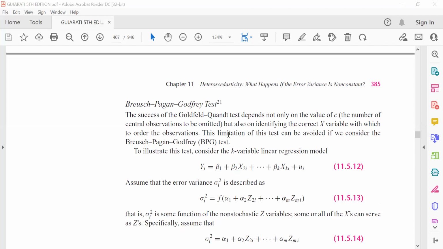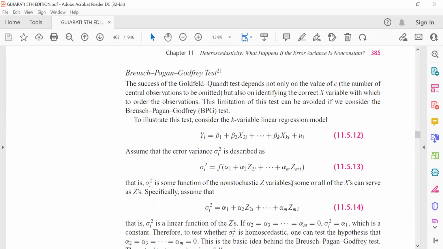Okay, this limitation can be solved by using the Breusch-Pagan-Godfrey test. Here it is quite easy. We estimate the data and then we have the residuals. Then we square the residuals. We use the squared residuals as the dependent variable. Then we estimate the sigma square from the beginning estimation model with all the variables in the model.